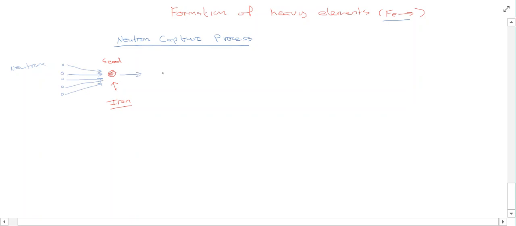And you get an iron nucleus that's been seeded with loads of these neutrons. This huge newly formed, much bigger nucleus is unstable, and as a result, it's radioactive.